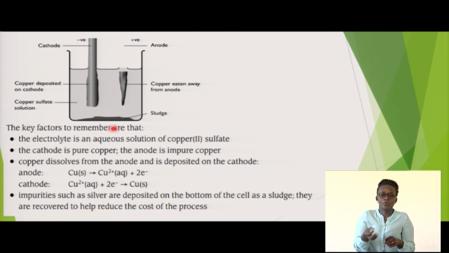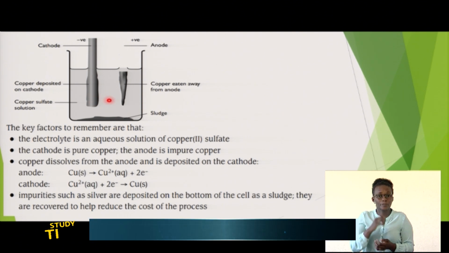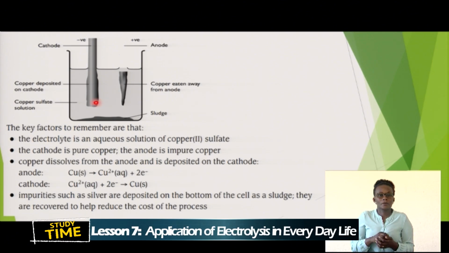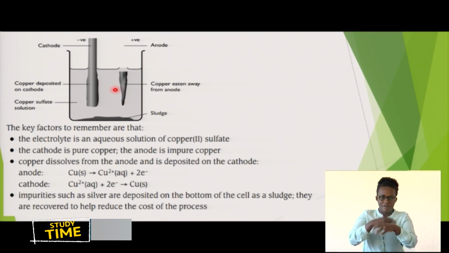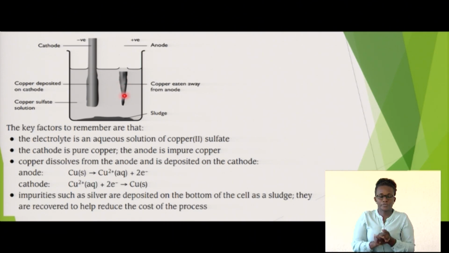These are the key factors. Remember I said the electrolyte here also must be a solution. It has some similarity with electroplating. Why? Because we have the copper in here, but the only difference is that the anode this time has to be impure.